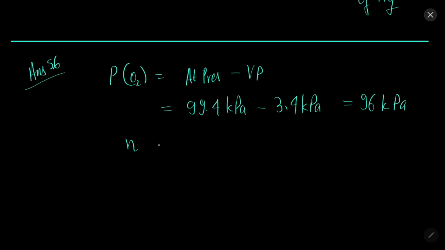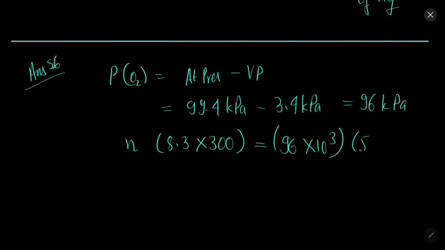Number of moles N will be, with R as 8.3 and temperature 300, pressure 96 into 10 to the power 3 into volume. So we get 1.93 into 10 to the power minus 3 approximately.